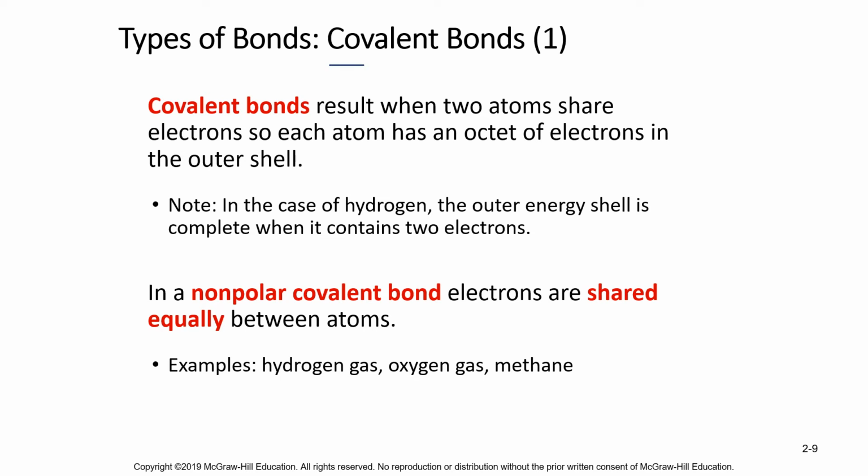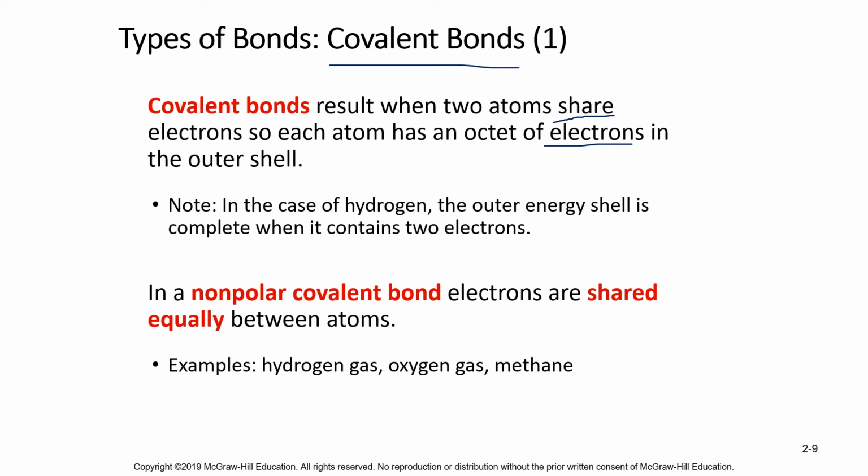Next are covalent bonds. Remember, individually they are the strongest type in general. There are a few exceptions where ionic bonds are stronger, but in general, covalent bonds are the strongest. Covalent bonds are formed when atoms share electrons.